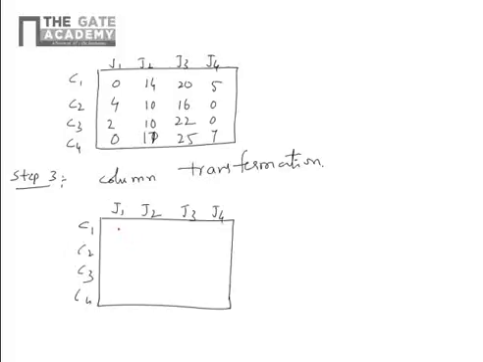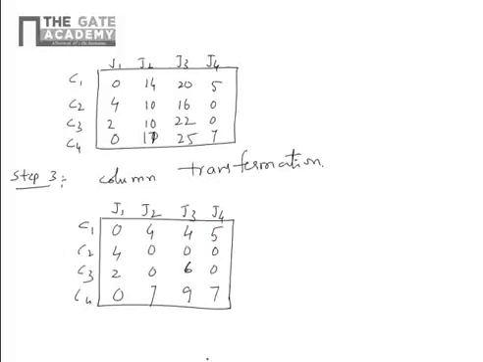In the first column the smallest value is 0, so you get the same values. In the second column the smallest value is 10, subtract 10 from all the values. In the third column it is 16, subtract 16. In the fourth column the smallest value is 0, subtract 0.